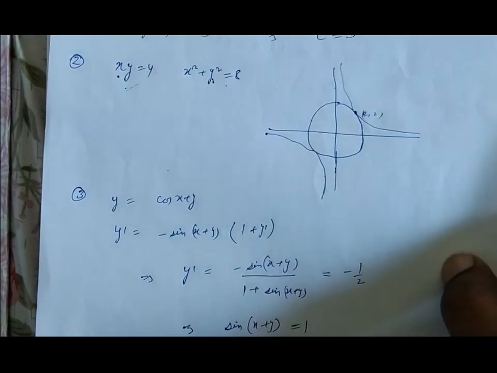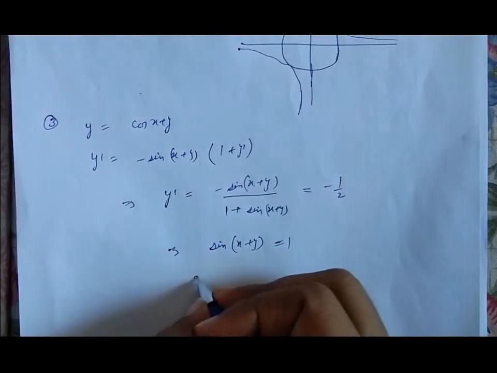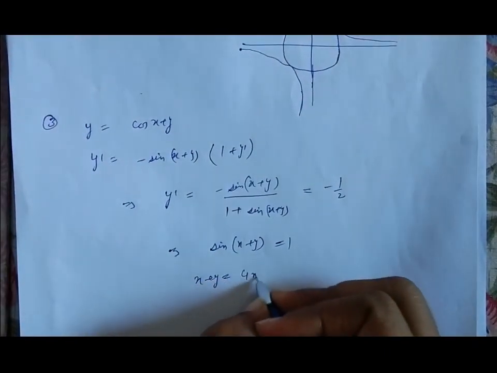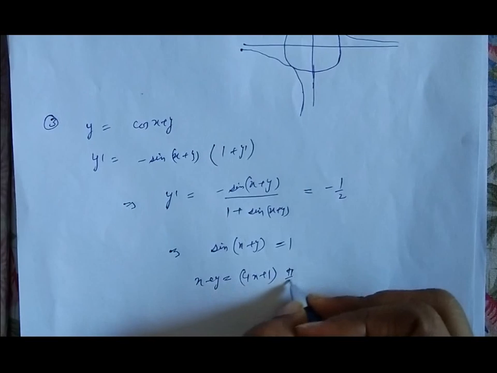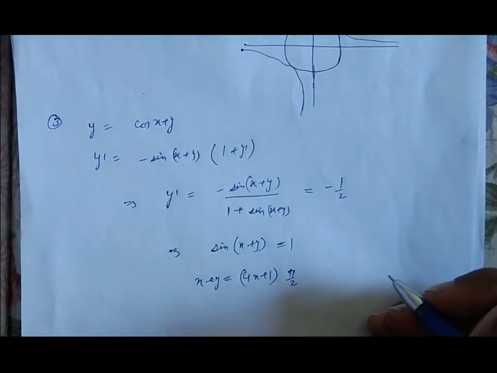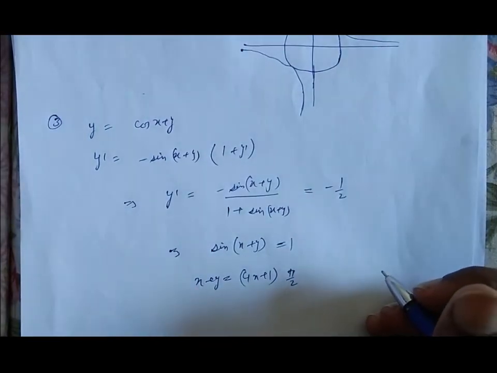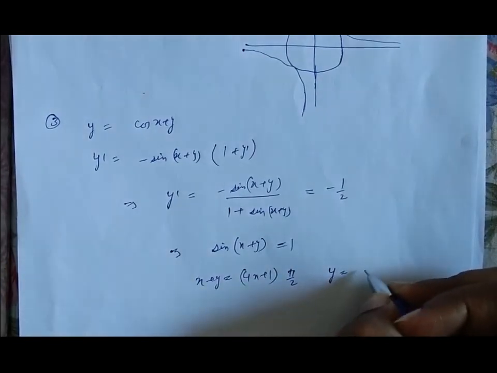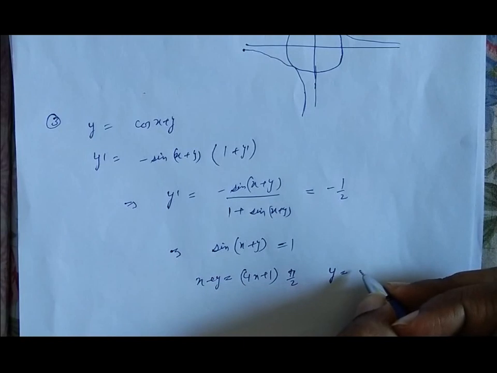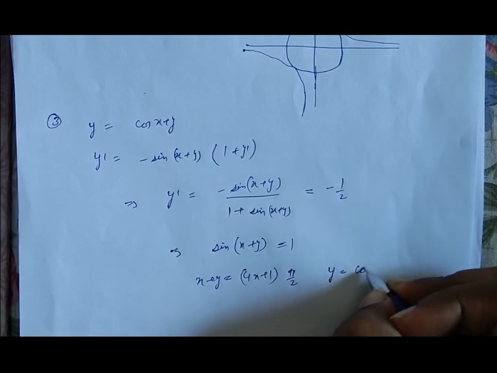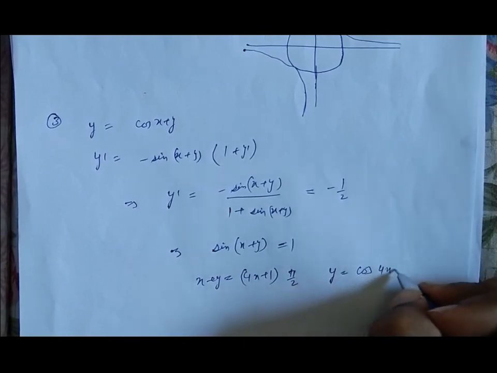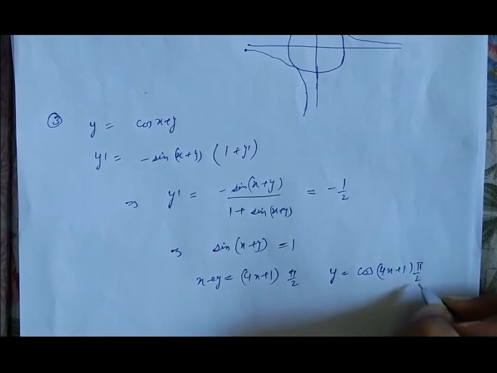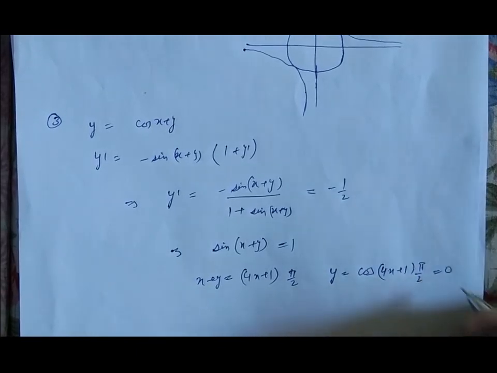So if sin of x plus y is equal to 1, then x plus y is equal to 4n plus 1 pi by 2. And since x is between minus 2 pi to 2 pi, y is equal to cos of 4n plus 1 pi by 2, which is equal to 0.